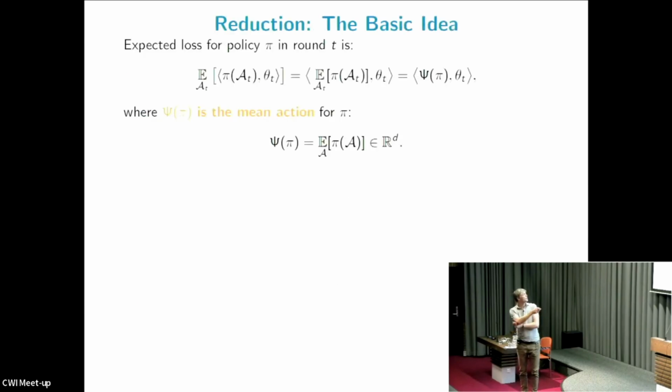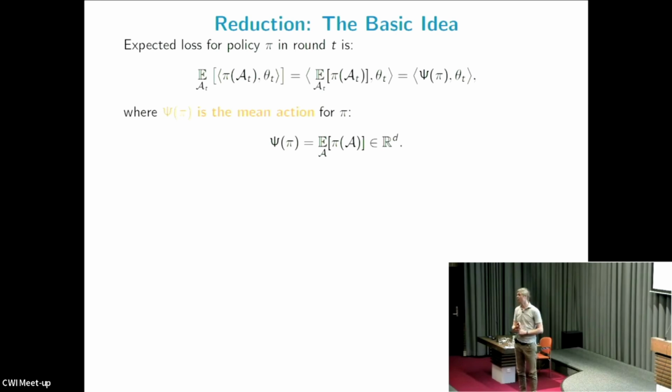So what's the idea? Well, if you look at the expected loss for any policy in any given round t, you can take the expectation inside the inner product and give that a name. So you take the action set and you take the mean of that. That's some operation you can do, and we'll give that a name.